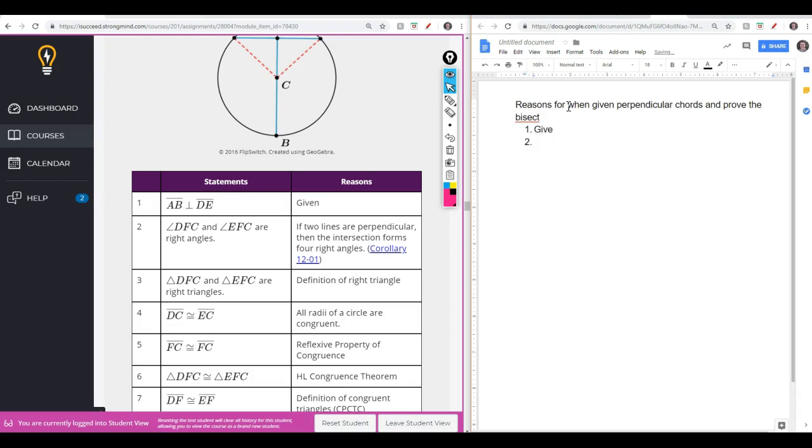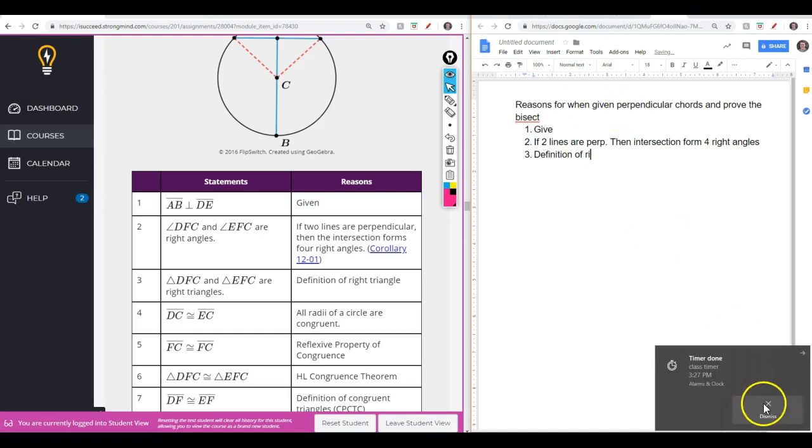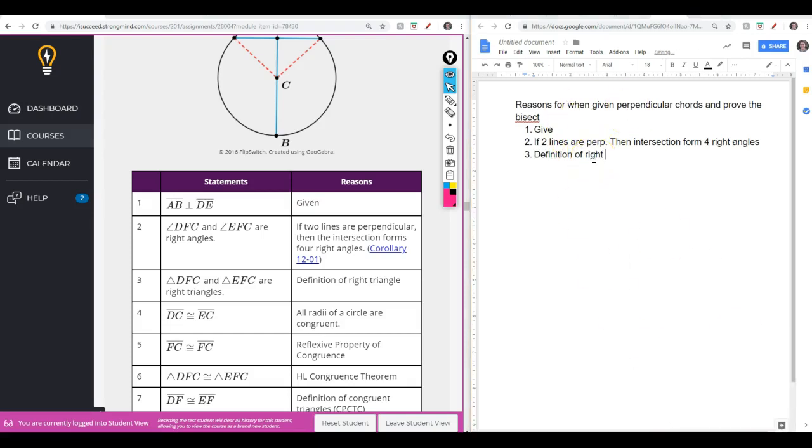The second reason is if two lines are perpendicular, then the intersection forms 4 right angles. Definition of right triangle. All radii of a circle are congruent. Reflexive property of congruence.